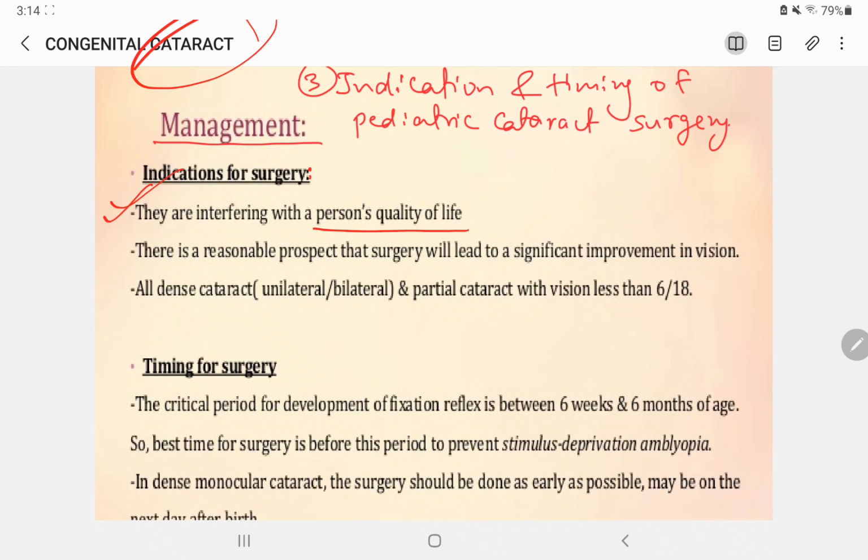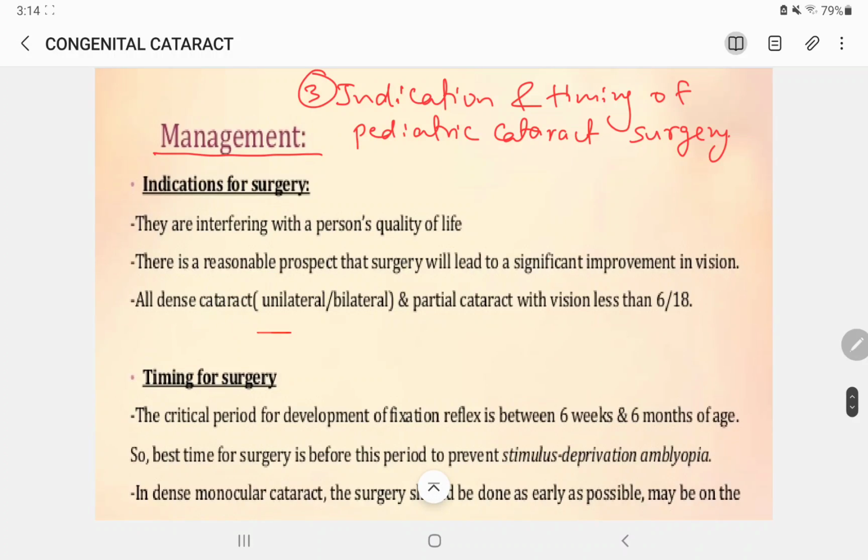And then there is a reasonable prospect that surgery will lead to significant improvement in the vision. So yes, of course, any cataract surgery done in the pediatric group will improve vision. If we have the hope that it will improve, then we have to do the surgery. And all dense cataracts, where the density is more, have to be done, either unilateral or bilateral.